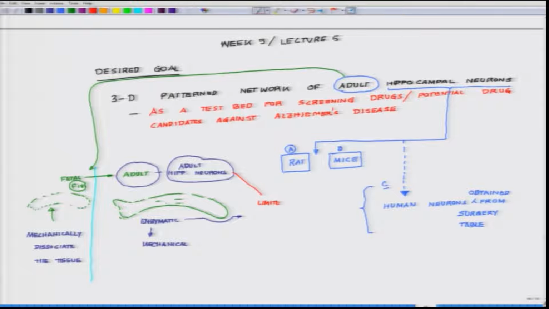If it has a limited ability to regenerate, you do not want to damage this tissue extensively. So, for enzymatic treatment, it has been observed that the enzyme which is reasonably better than other enzymes is called papain.